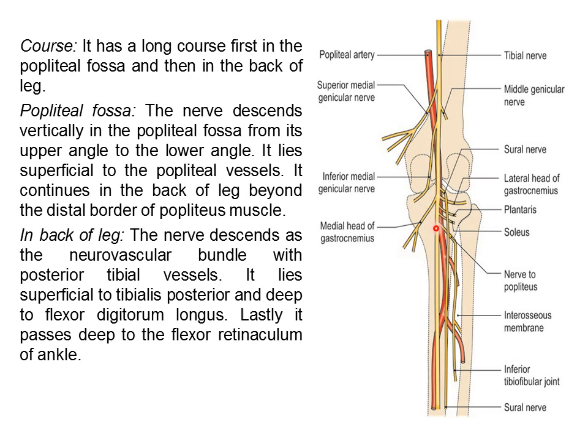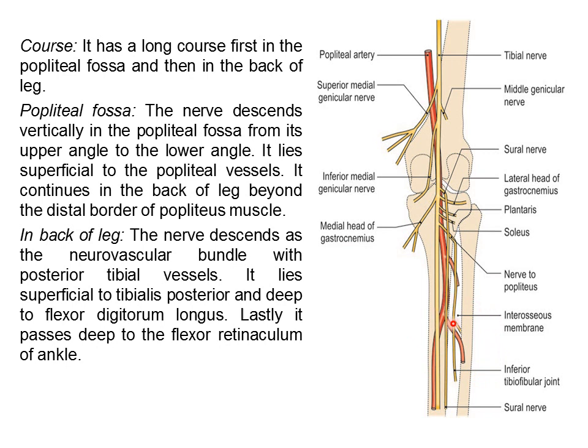Then it continues in the back of the leg beyond the inferior border of the popliteus muscle. Then in the back of the leg, the nerve descends as the neurovascular bundle with the posterior tibial vessels.